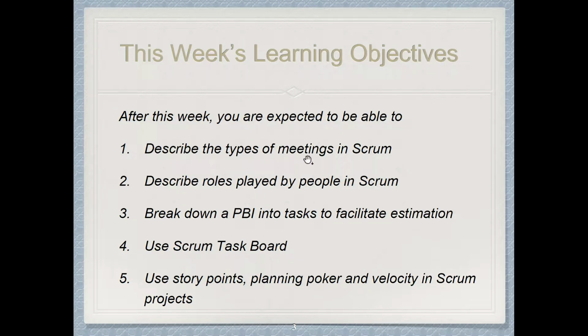And also, there are different kinds of meetings we can have in Scrum. And we'll learn that we break down a product backlog item, which is usually a user story. User stories are written from the user's perspective, but we can break them down into multiple programmers' tasks.